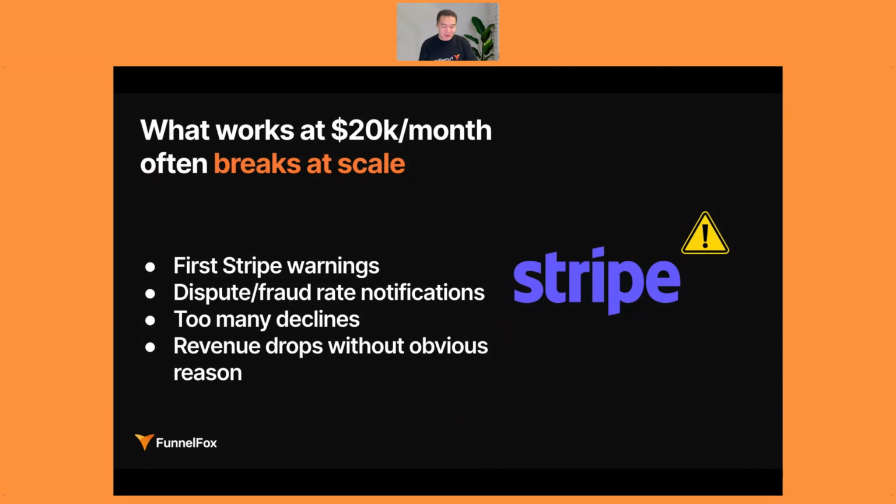But for web to app business, this is a risky PSP because the risk models are kind of aggressive. If you have a lot of chargebacks, a lot of fraud, or technical issues with the payments, like charging the same user 2 times, 3 times, this might lead to blockage of your Stripe account, which is kind of a disaster.